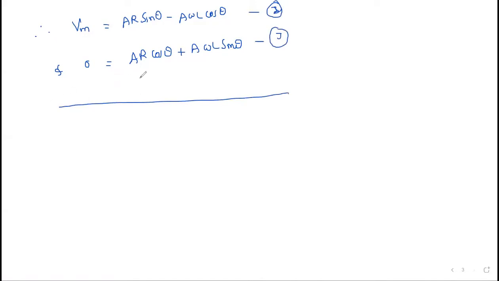How to solve it? We need to cancel something. I think from the third equation we can find the theta value directly, because it is equal to 0. So from the third equation I can write AR cos theta is equal to minus A omega L sin theta. Right? Then A cancels.